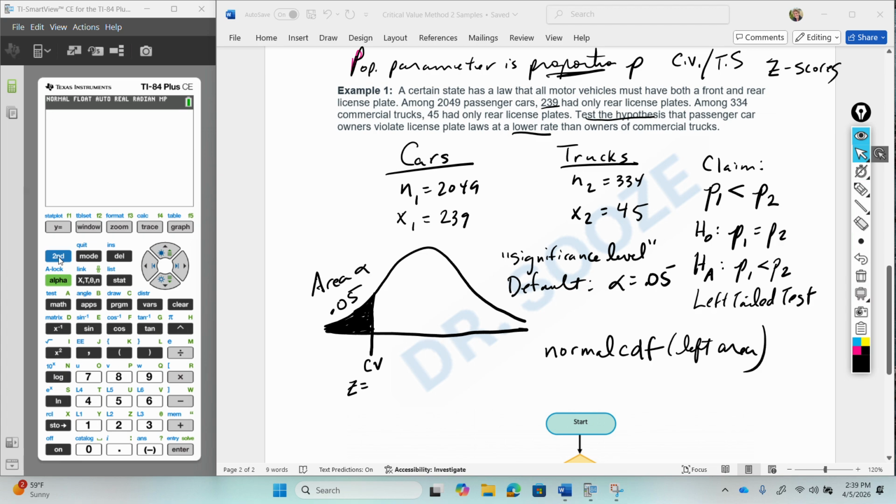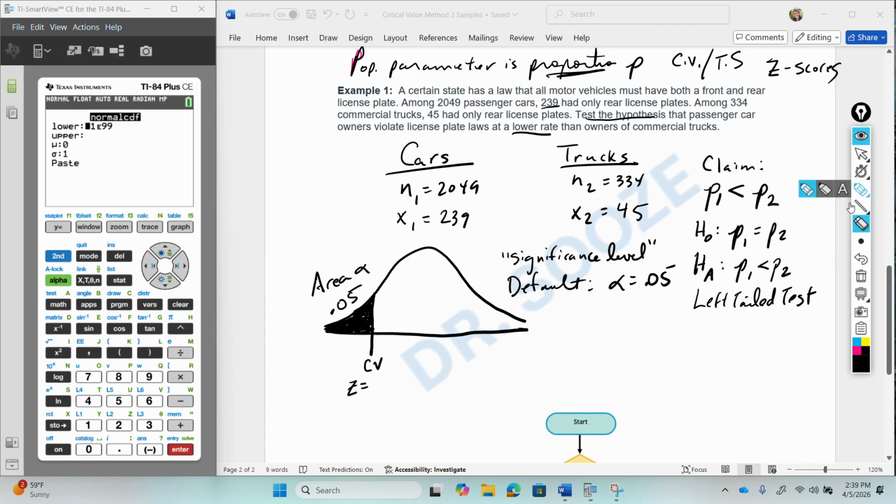So I do second, bars, and come down to normal CDF. Oh, sorry, I don't do normal CDF. I need inverse norm. I got my norms mixed up. Sorry about that. And I need to give the left area.